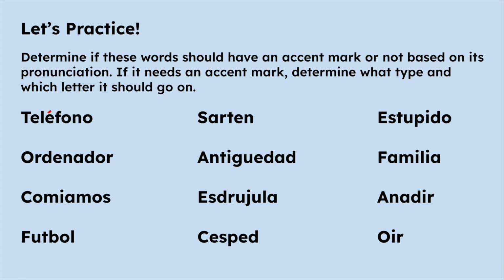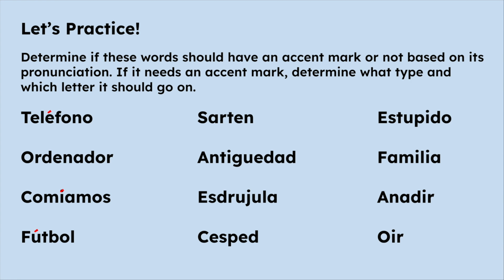So no accent mark. Comíamos. Accent mark on the I, because we want to split the I up into two different syllables. We don't want it to be said like comiamos, it's comíamos. Fútbol.